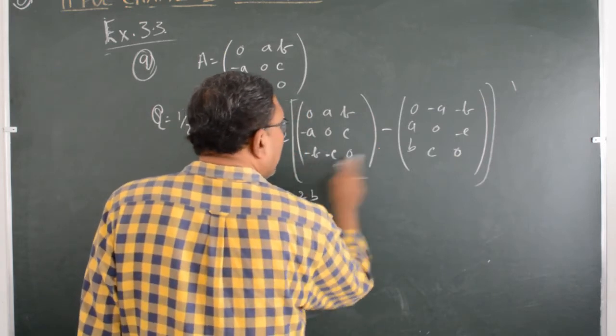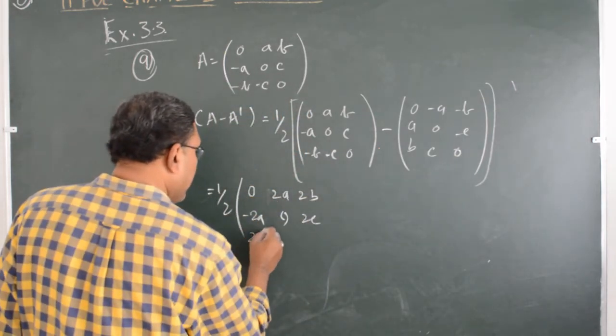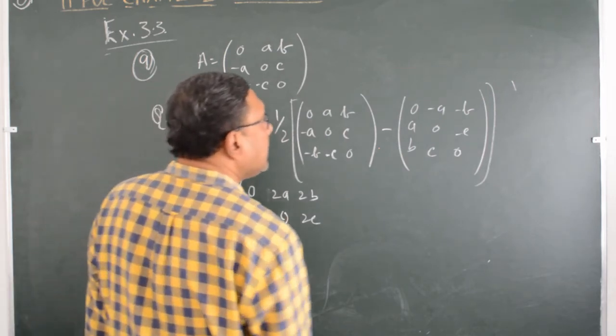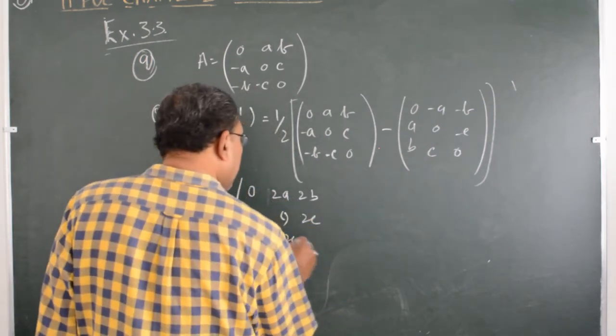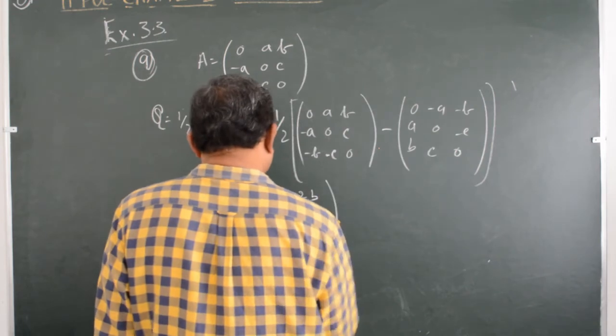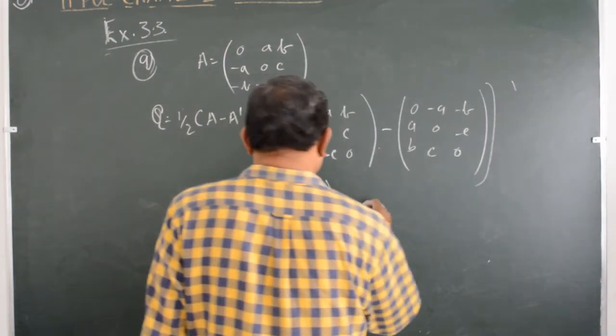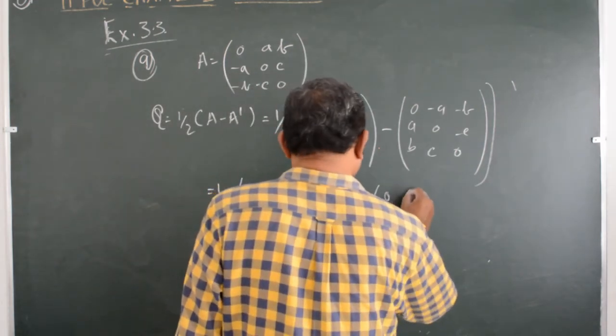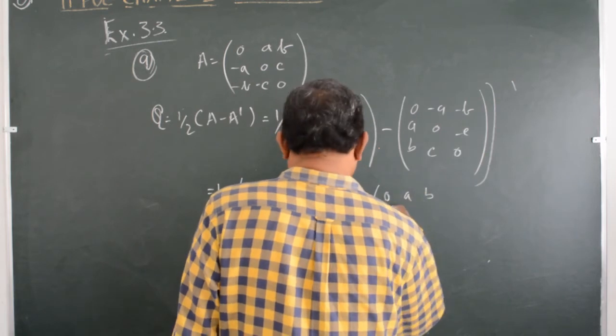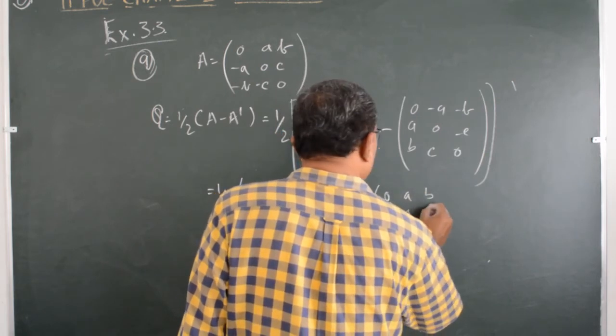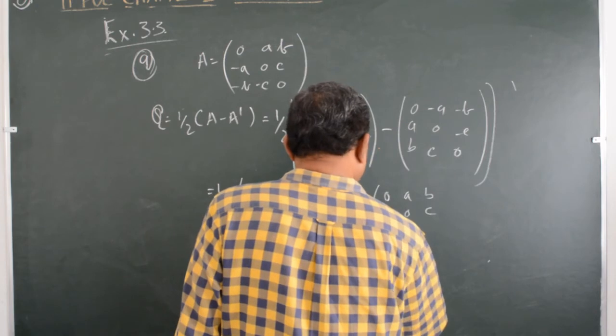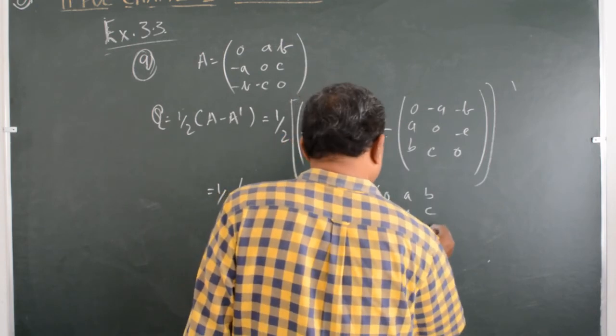And b minus of minus b is minus 2b, and c minus of minus c is minus 2c, and it is 0. I'll take half inside, then we get 0 a b, minus a 0 c, minus b minus c 0.